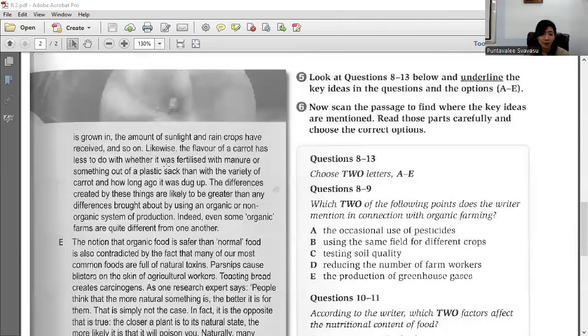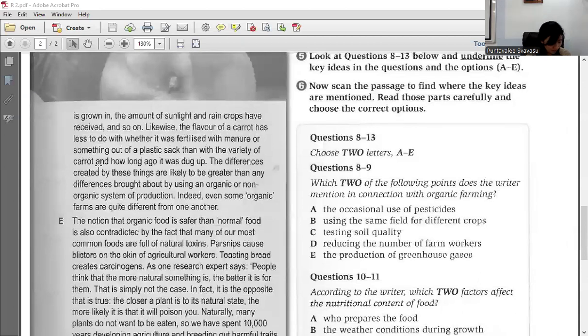And when we move on to choice B, the weather conditions during growth. So it's like here, the weather condition. And where the food has been stored, I would say they try to trick you with this one, plastic sack. Like you store food there.